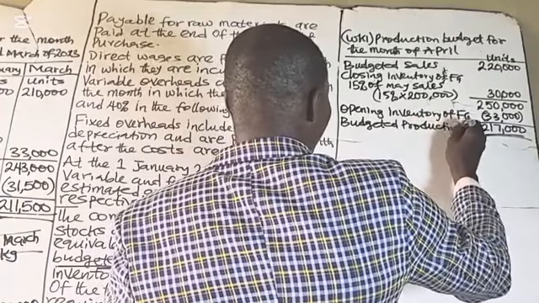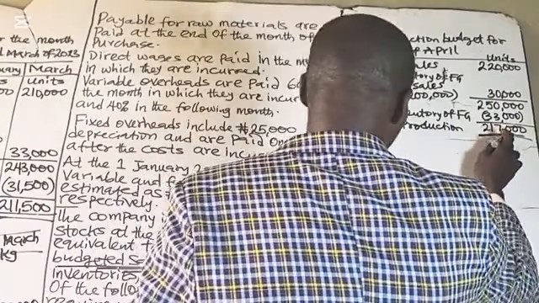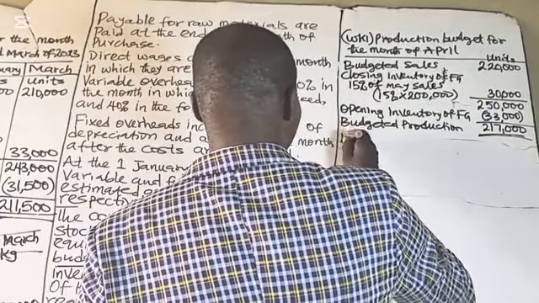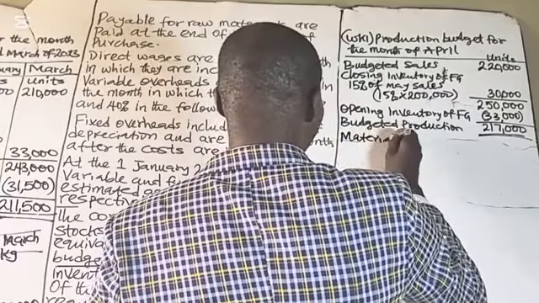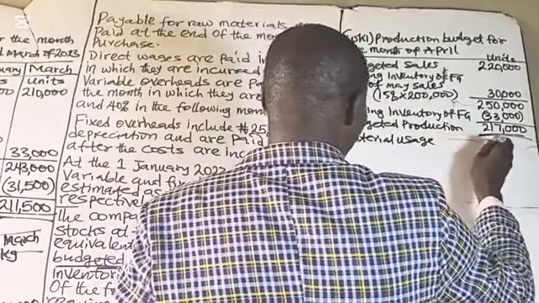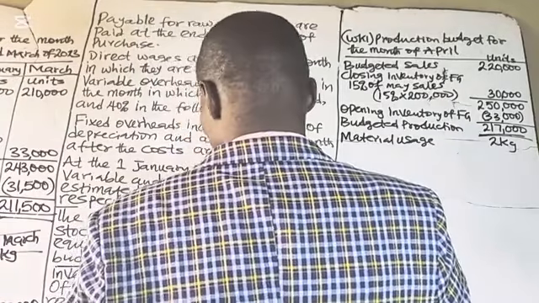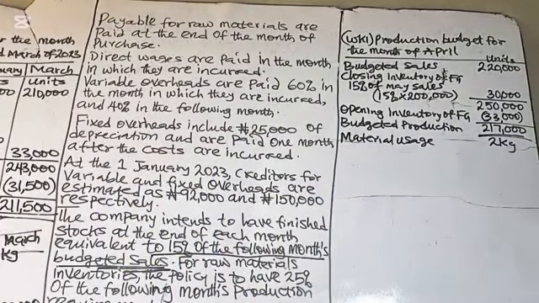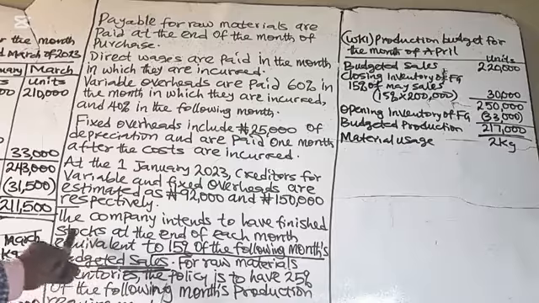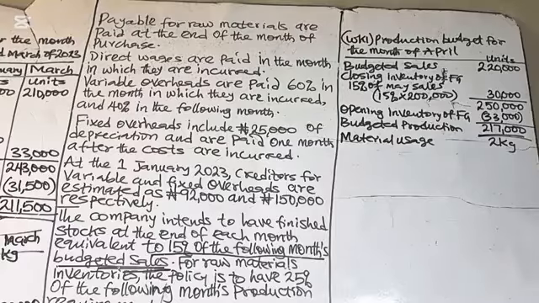Now that you have the budgeted production to be 217,000 units, material usage is given to be 2 kg in the question. You were told for raw materials inventories, the policy is to have 25% of the following month's production requirement.